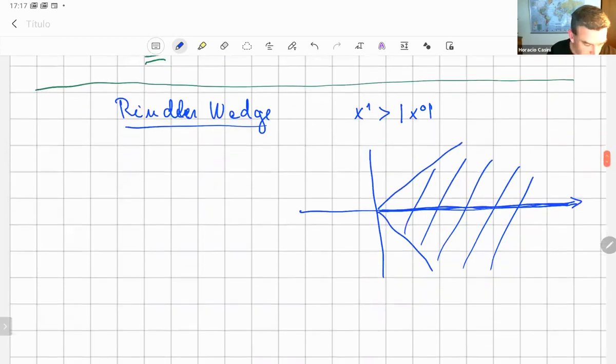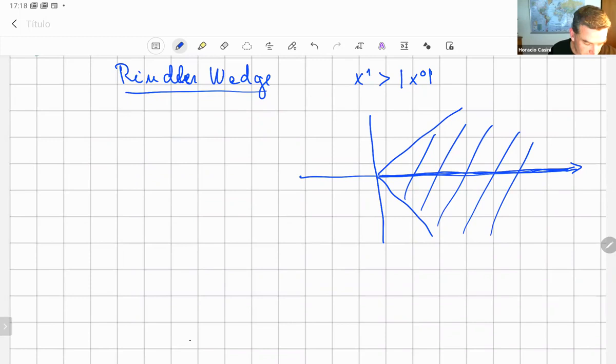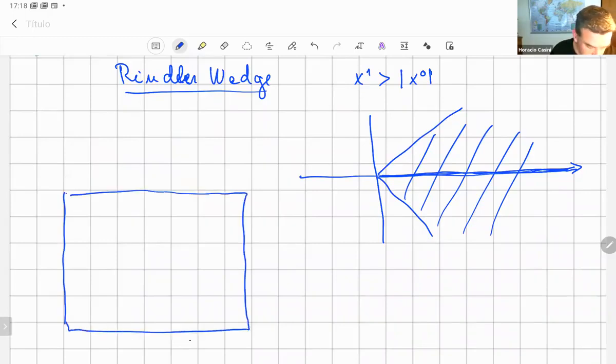So when we do the replica trick, or the path integral formulation in Euclidean time of the density matrix corresponding to half a space, what we get is a cut going to infinity. And then there is a symmetry in this space, which is a symmetry of rotations here.